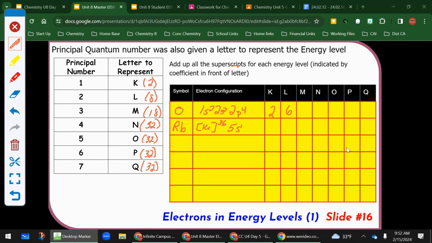Okay, now, you wanted to do this, Joshua. Now the problem is, how many in the K, how many in the L, how many in the M, how many in the N?